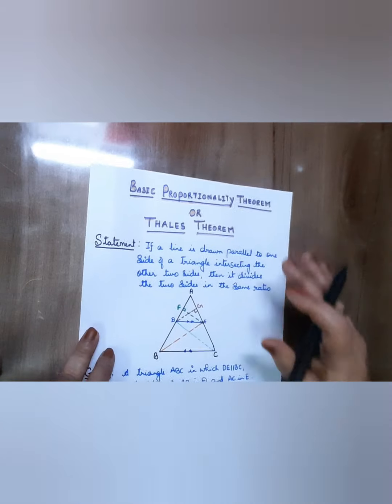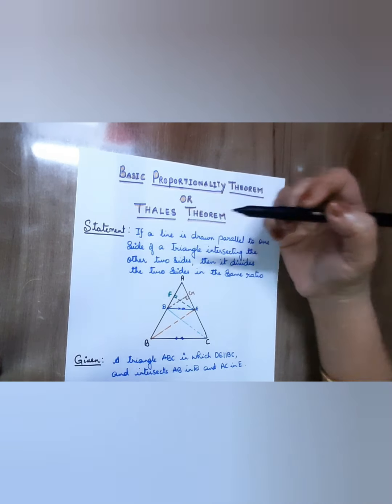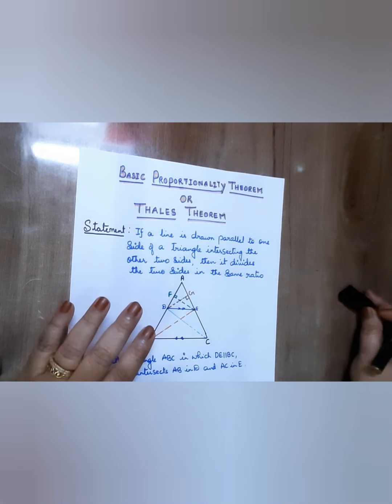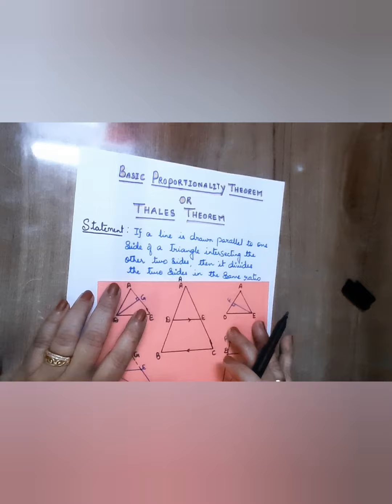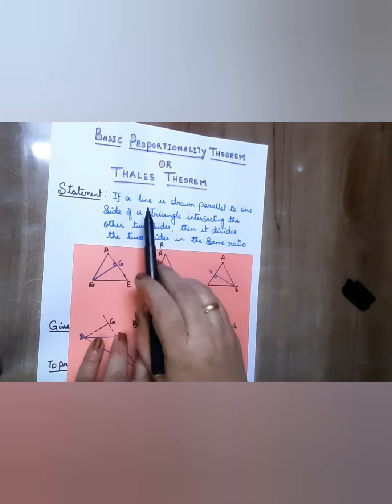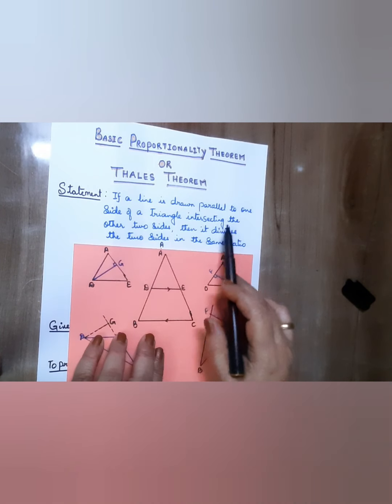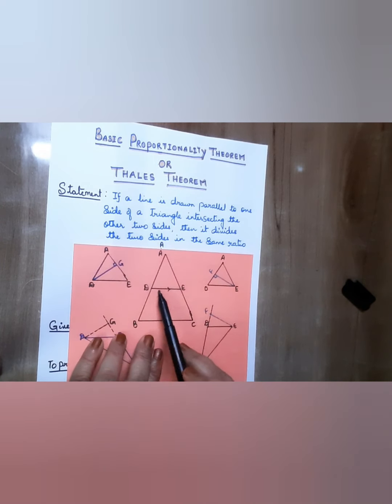The statement of the theorem goes in this way. If a line is drawn parallel to one side of a triangle, so here I have taken the triangle, focus only on A, B, C, intersecting the other two sides, so the line drawn is DE, which is parallel to BC.